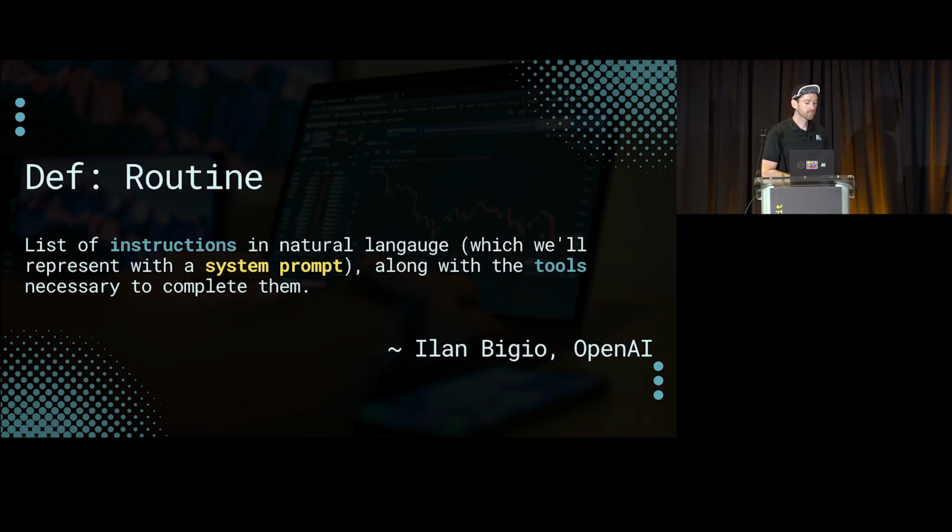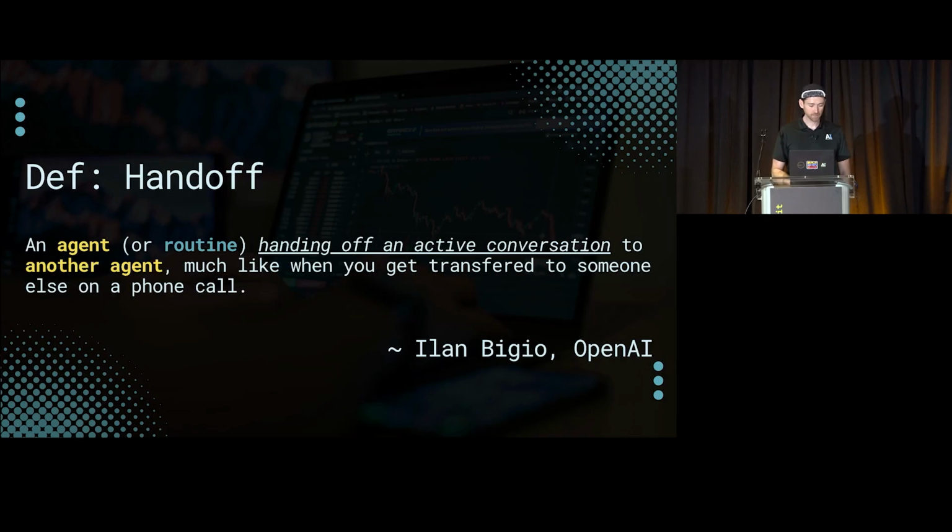A routine is just a list of instructions and the tools necessary to complete them. And actually, this thing, a list of instructions and the tools necessary to complete them, was renamed to, you guessed it, agent.